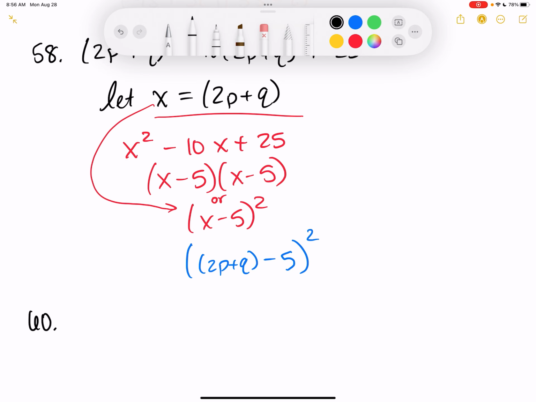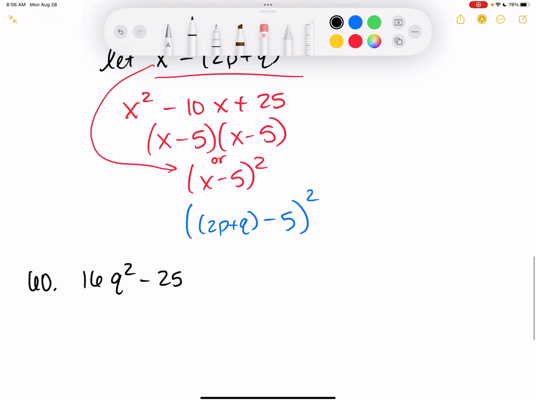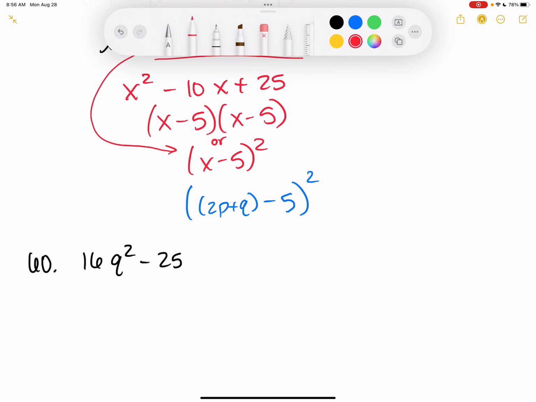So number 60 is 16q squared minus 25. Which of those special types would this one be? Difference of squares. So the way to think about this, if you're not super familiar with it, is to basically rewrite this as whatever it is that's being squared, and it's got to be the whole piece.